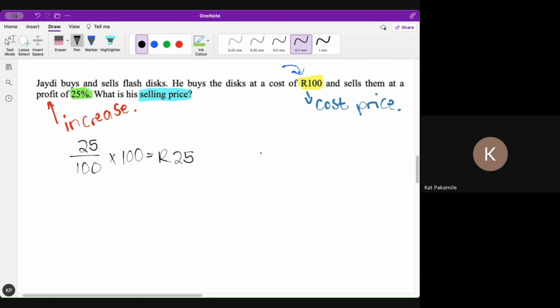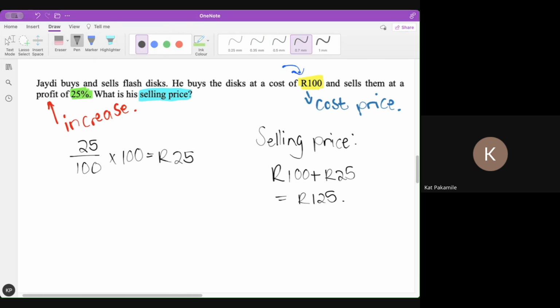Okay, so then what will my selling price be? If I am looking to make a profit of 25 rands, what will my selling price be? It'll be the cost plus the profit I want to make, which will give me 125 rands. Can I get a thumbs up, thumbs down? Don't be shy to say thumbs down if you are confused, okay?